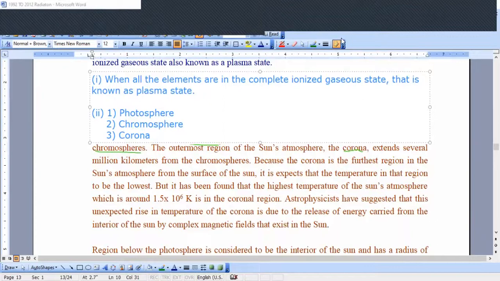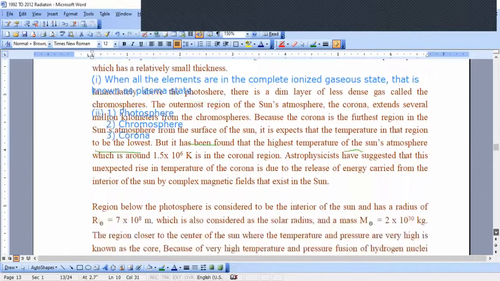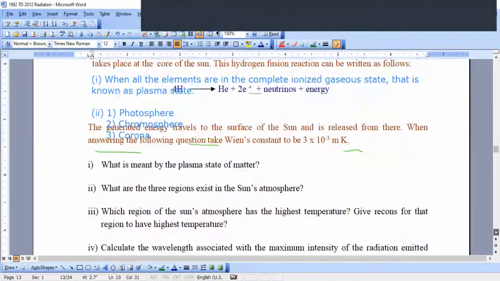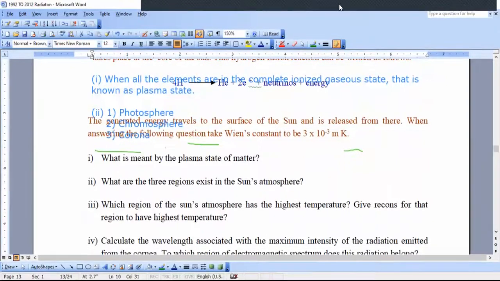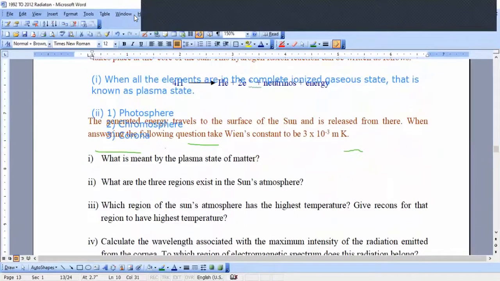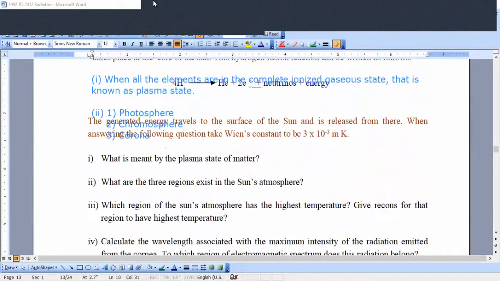Right, now let's go to Roman number 3. Somebody unmute the mic and read Roman number 3, quick. What region of the sun's atmosphere has the highest temperature?